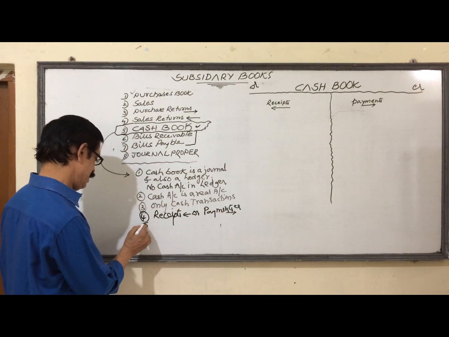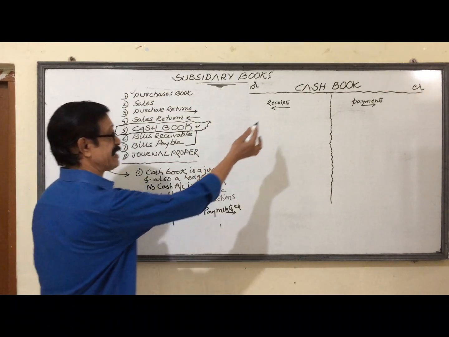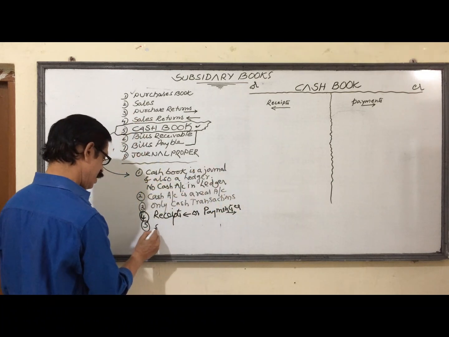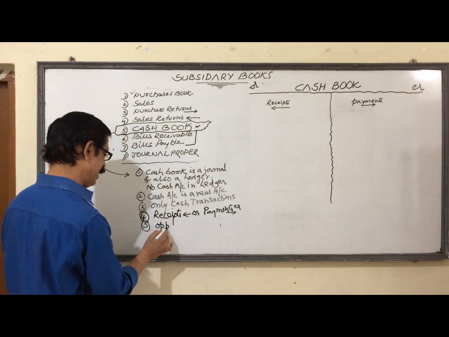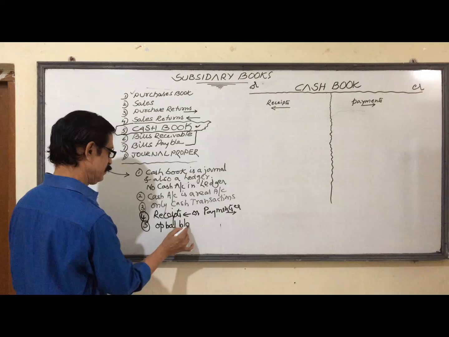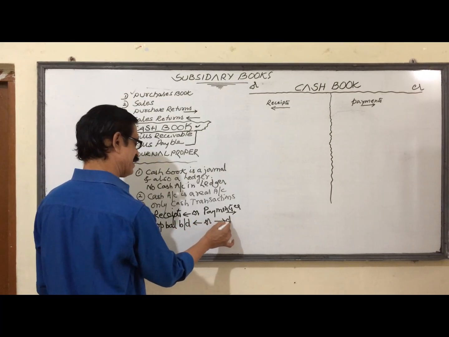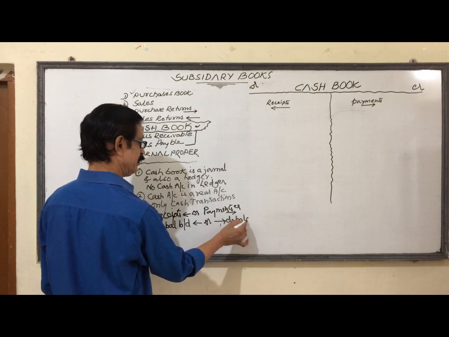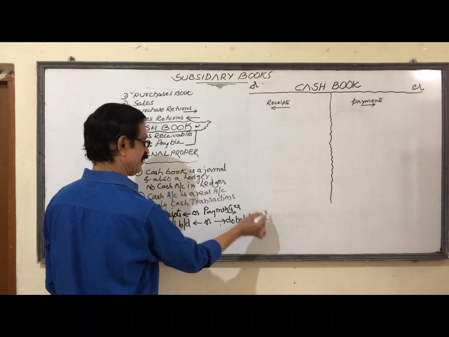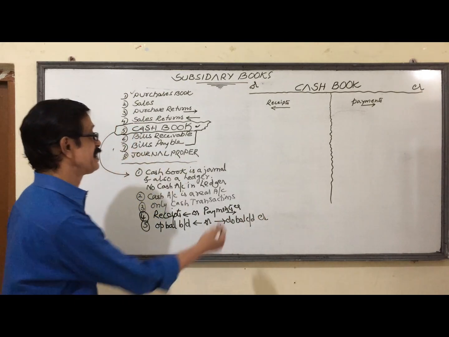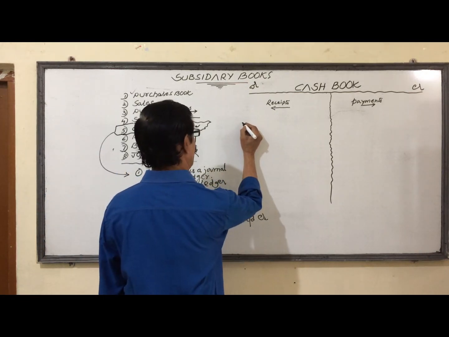Now, the cash account starts with the opening balance brought down on the debit side and ends with the closing balance carried down on the credit side. It starts with opening balance brought down.